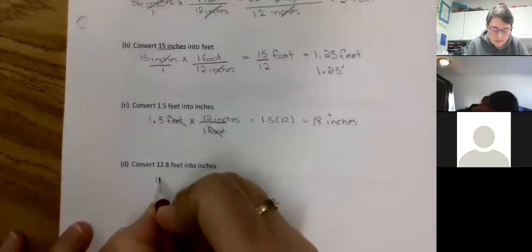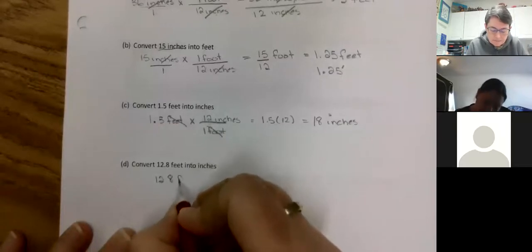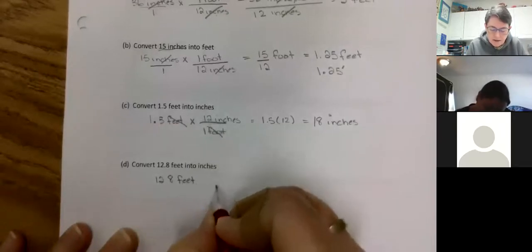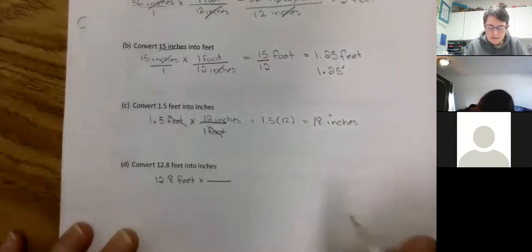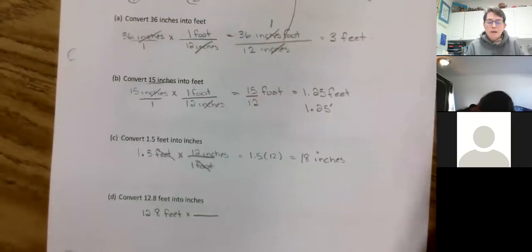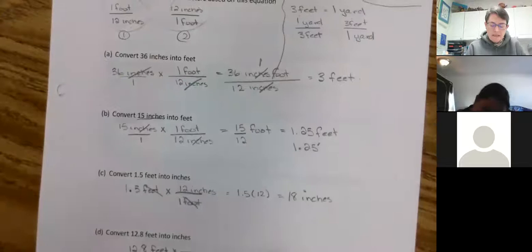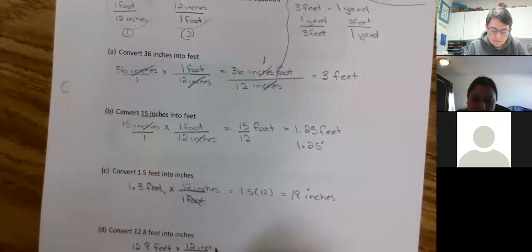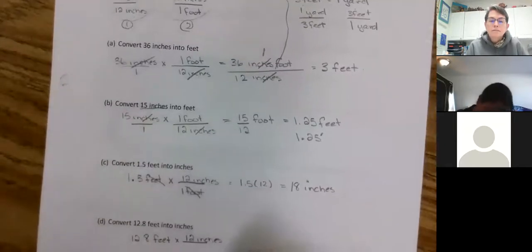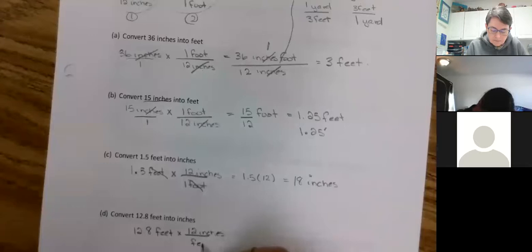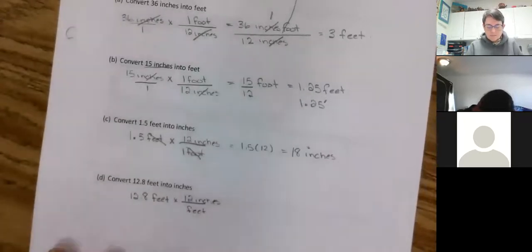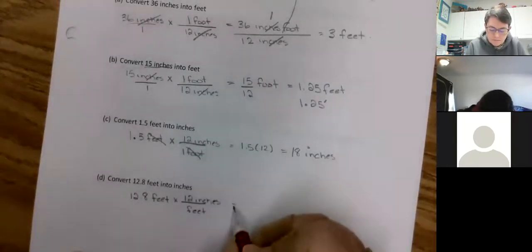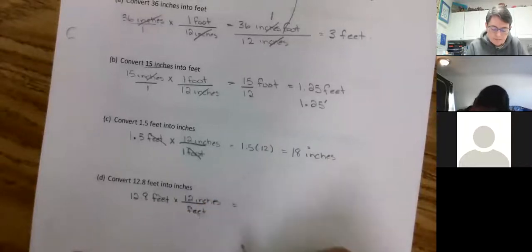So I'm going to start with what I have. And I'm going to multiply. So again, I want to multiply by the one that's got feet on the bottom. So it's number 2 here. So then my feet disappear.